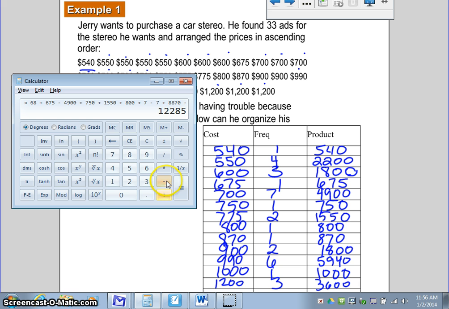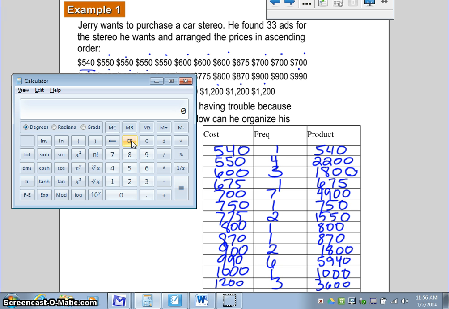Well, we did 8,870, so we'll have to subtract that 8,000 out. So 870 plus 1,800 plus 5,940 plus 1,000 plus 3,600. And we should have ended up with, and actually we got that off.